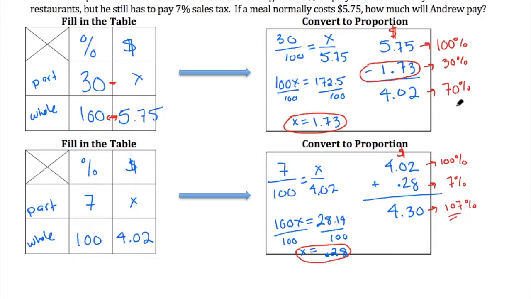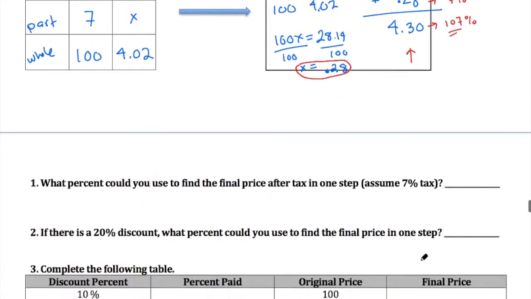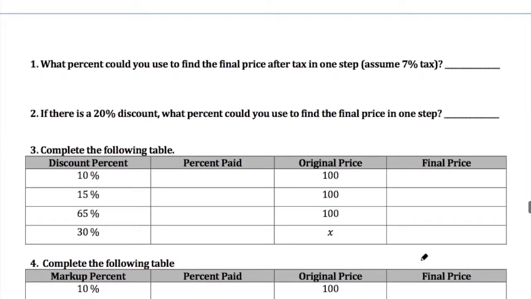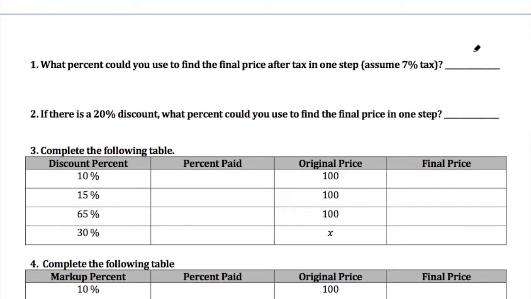These numbers here can help us do this in a slightly quicker way than before. We can really cut out this step at the end where we have to add or subtract from our original to get our final answer. So, what percent could you use to find the final price after tax in one step? We could use 107%.